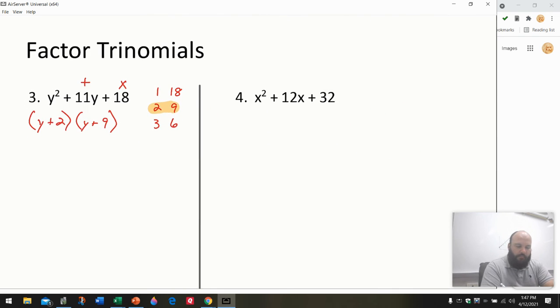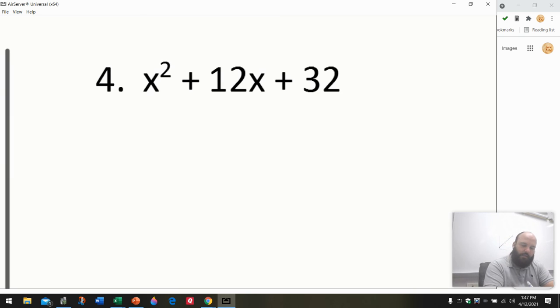Last one, a plus above the 12, a multiplication above the 32. We write our factors of 32, 1 and 32, 2 and 16, 4, and let's see here, 8.